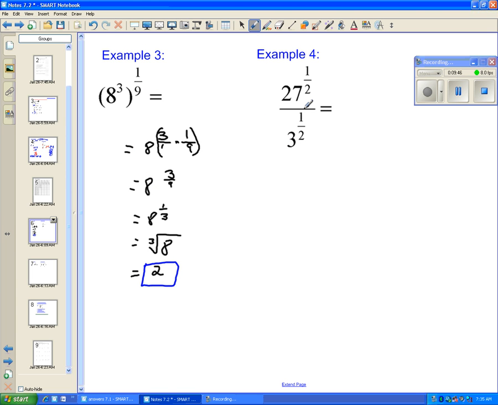But the nice thing is that I can actually, in my exponents, let's see, I'll write this down here.